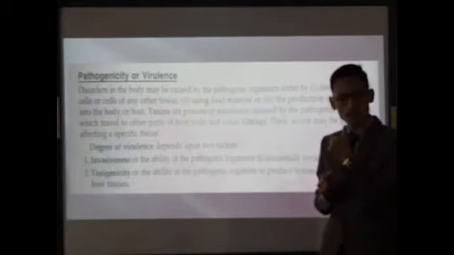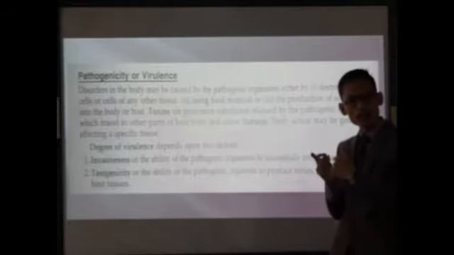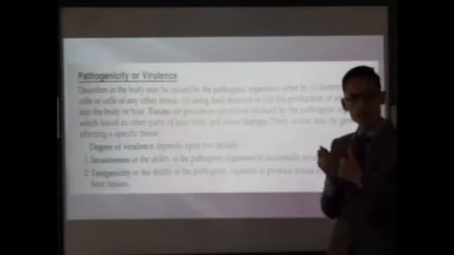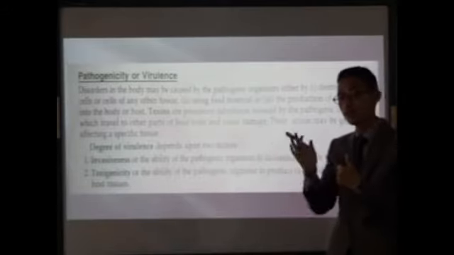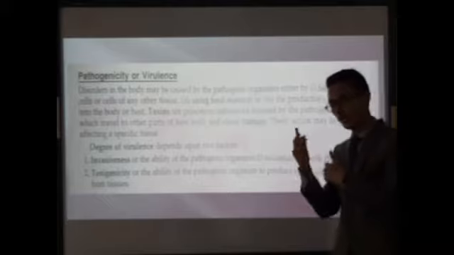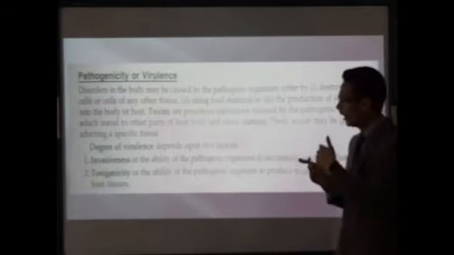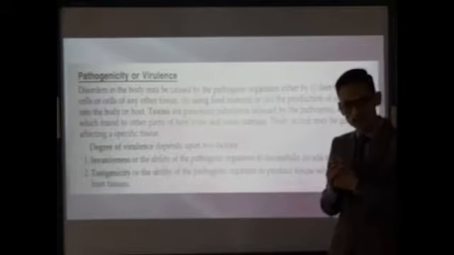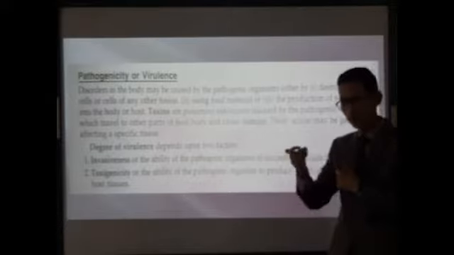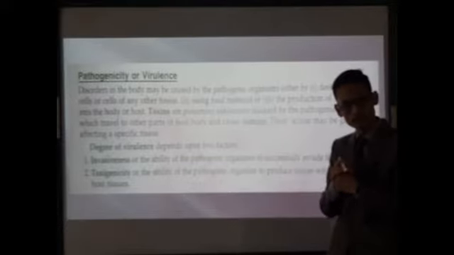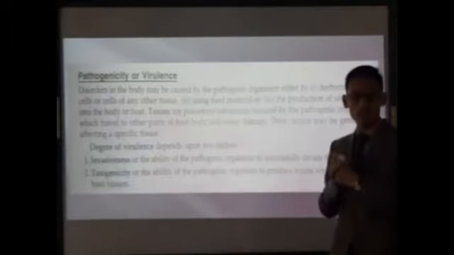Keep in mind, when pathogens enter our body, they will destroy the blood cells, RBC or WBC. WBC provides body immunity, you know that. Number 2, they will destroy the cells of other tissues. And number 3, they will produce toxins, the harmful chemical substances. Or they can enter through the food material.